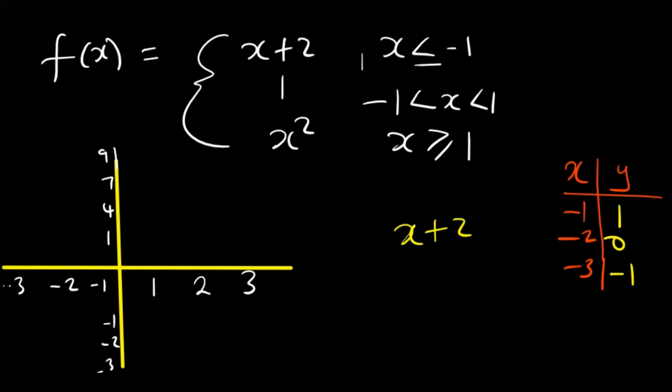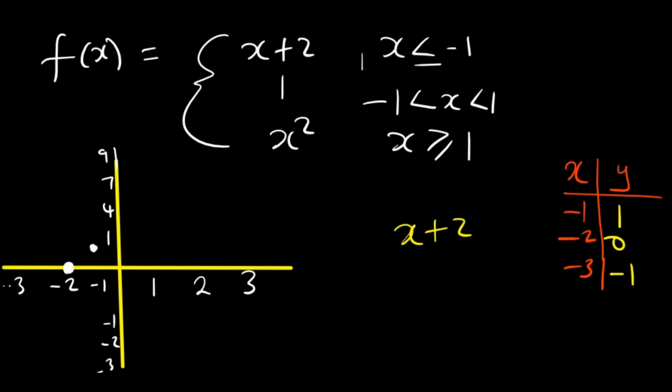Okay, so graphing this one, we just have to put these points to graph the first function. We have negative 1 comma 1 as our first point. So negative 1 comma 1 will be a point somewhere that side. The negative 2 comma 0 will be somewhere here.